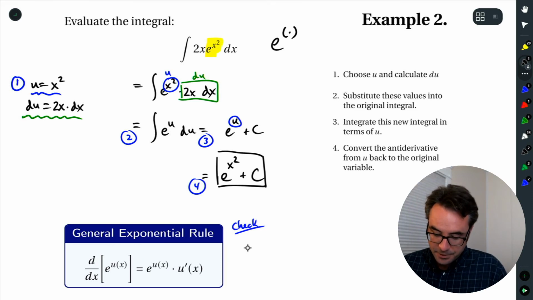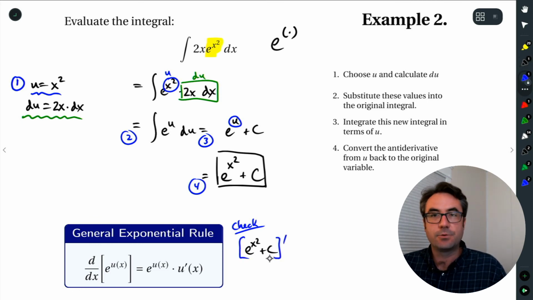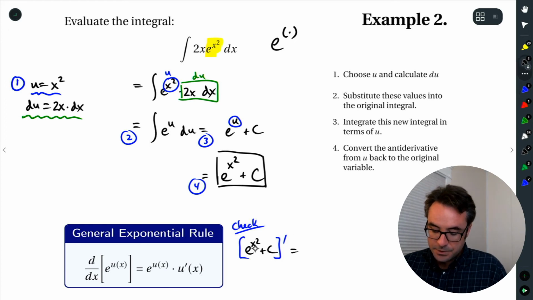So we start with our answer, e to the x squared plus c. We apply the derivative. Derivative of a constant is 0. So what happens when we differentiate an exponential function? The exponential function stays the same, and then we multiply by the derivative of the term in the exponent.